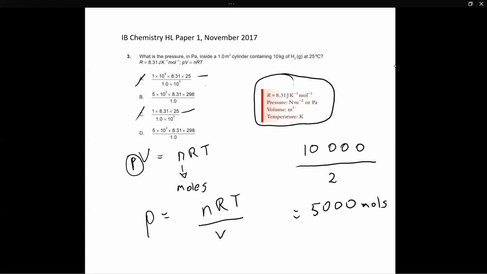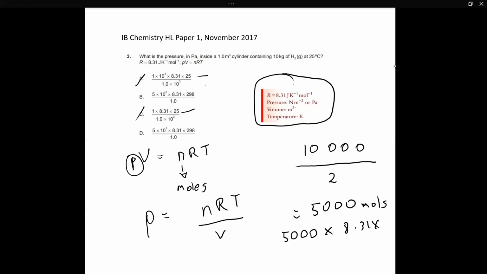Now we just substitute the values in. We can say 5,000 times 8.31 times temperature, but in Kelvin, which is 298.